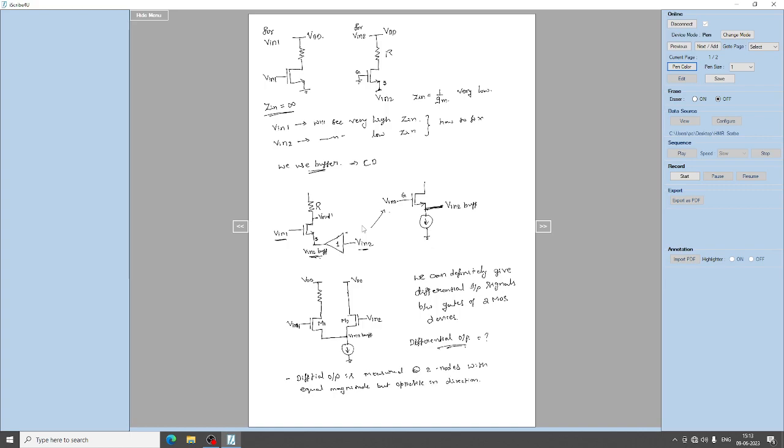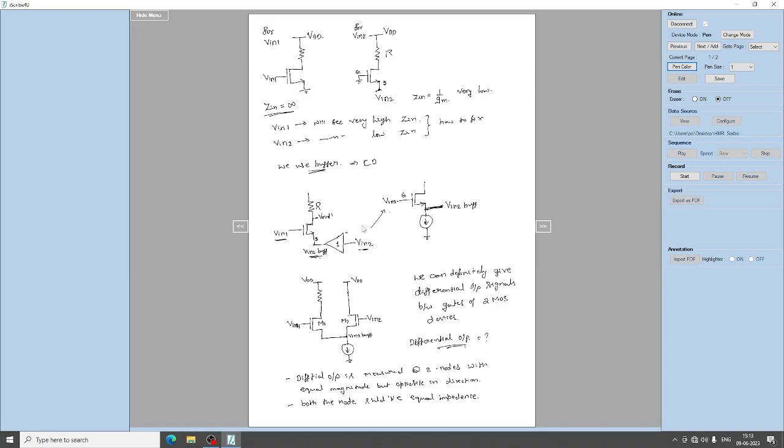This is one of the conditions, and another requirement is both the nodes should have equal impedance. Only then it will have equal magnitude or the equal signal excursion, right.